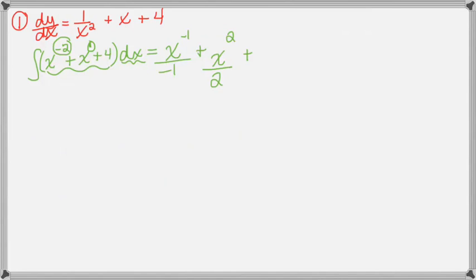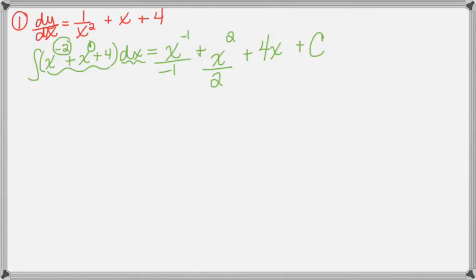And then I have no x. If you remember, if I took the derivative of 4x, I'm just left with a coefficient. Well, if I'm going backwards, I need to put the x back in. And don't forget, finally, your plus c. And so that is our antiderivative. We just take the antiderivative of each part. So again, you're adding 1 to the exponent and then dividing by the new exponent.